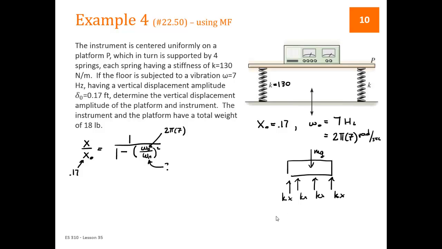So our equation of motion, sum of forces, is equal to mass times acceleration. Our forces are 4 kx's going up. The mg is canceled by the initial compressions of the springs in this case. So we just have negative 4kx is equal to m x double dot.